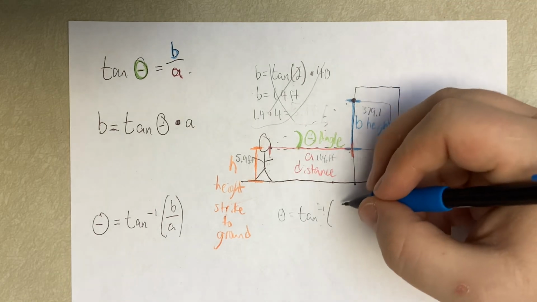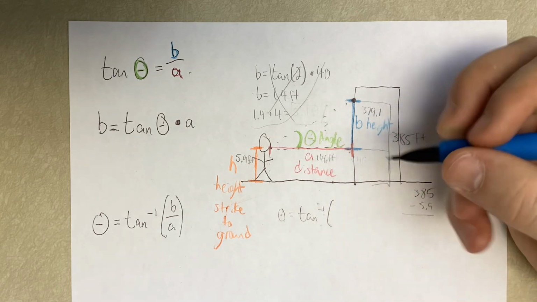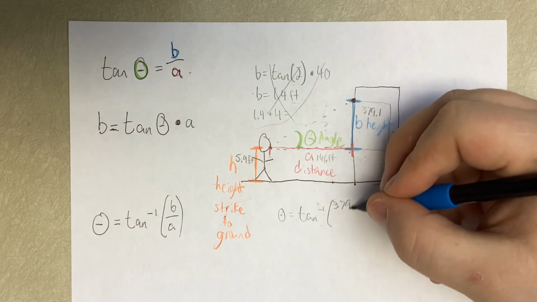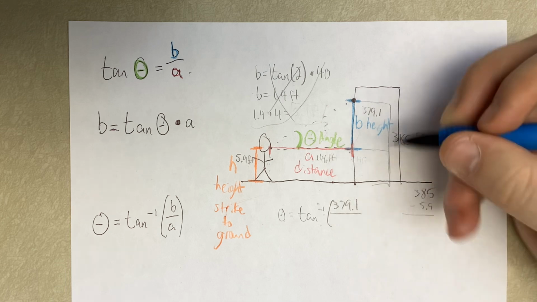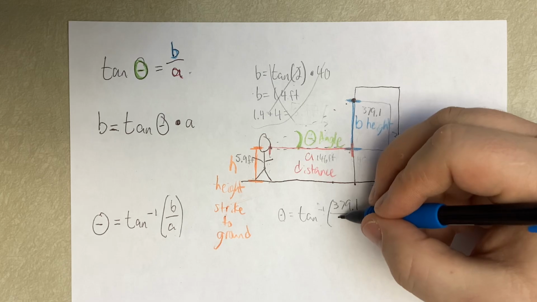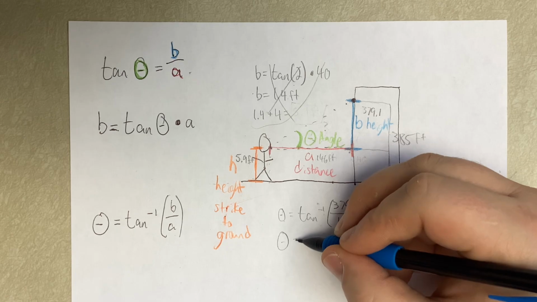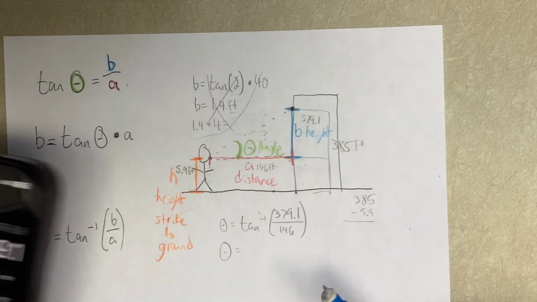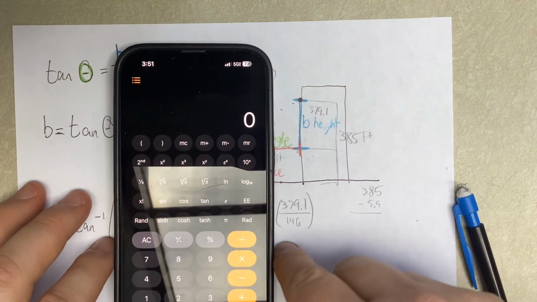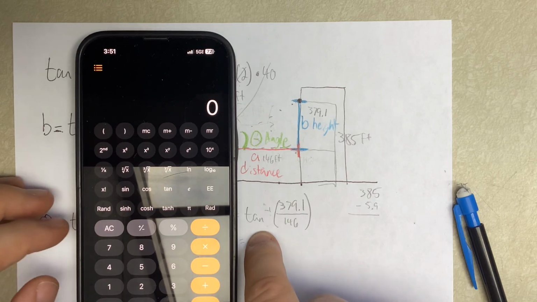So now that I have b, I'm going to put that theta is equal to tangent minus 1, or inverse of tangent, of 379.1 over, I'm looking for A. A was 146 feet. So that's going to give us that theta is equal to what? Now, in order to do that, I'm going to have to use a slightly different button because tangent is not what we're looking for. So we're looking for the inverse of tangent. In order to do that, it really depends on your calculator.